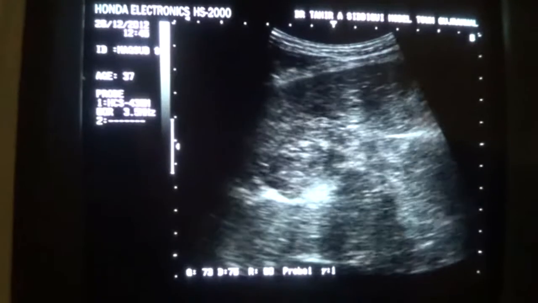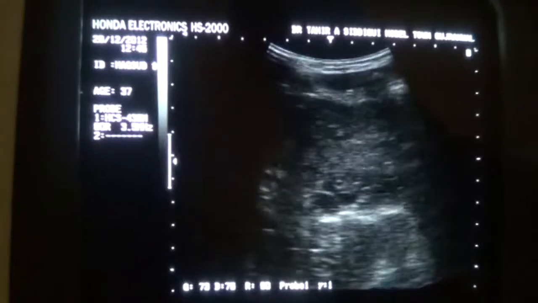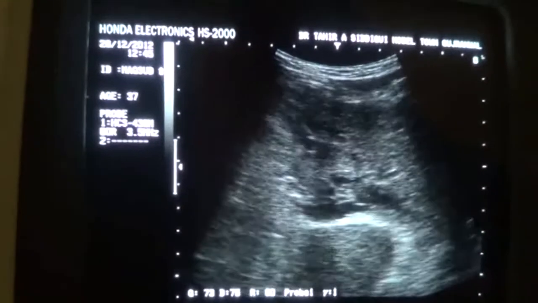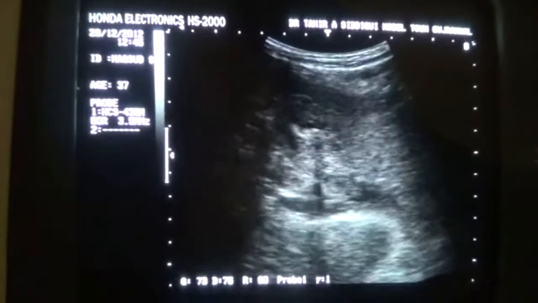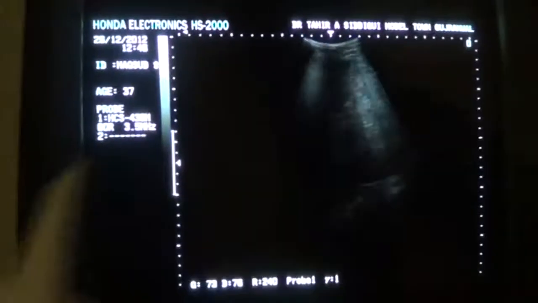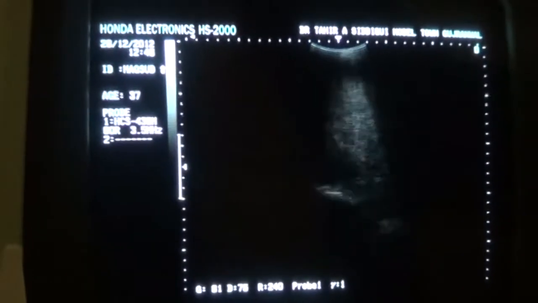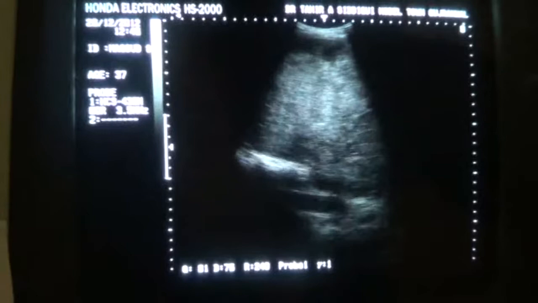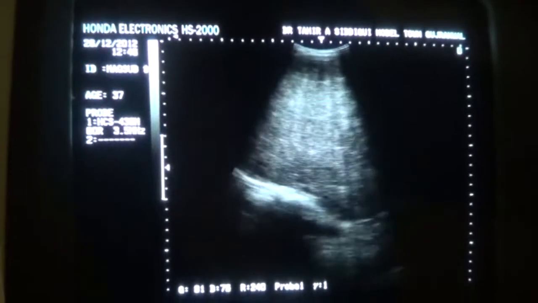So the portal vein is occluded totally, and the reason for mild intrahepatic bile-ductectasia, mainly seen in the left lobe of the liver, is a large mass in the right lobe of the liver of this young, almost 38 years, 37 years old.